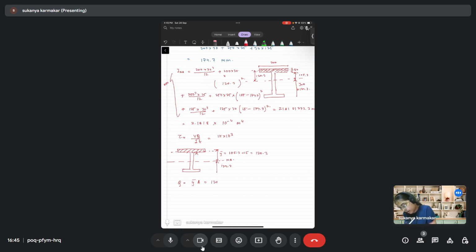So 120.3 into this area, which is 200 into 30, which comes out to be 721800 mm cube. So just substitute here.